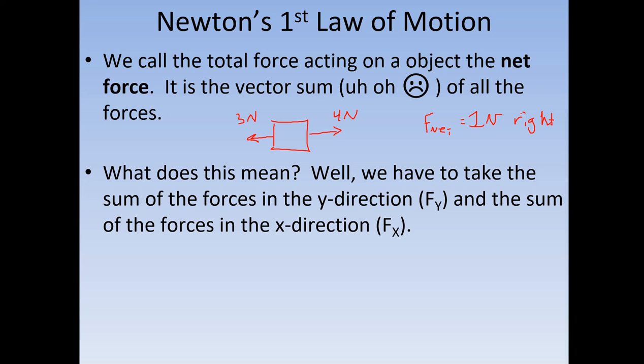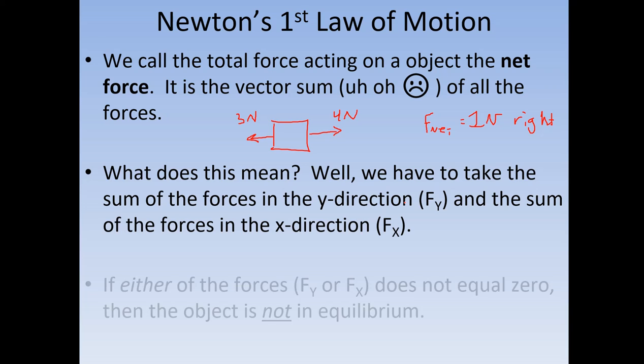Now, you probably won't have this scenario, but for the most part, you want to make sure that you do the sum of the forces in the y direction and the sum of the forces in the x. Just like we did before, you can't really combine a horizontal vector and a vertical vector. You want to look only at the horizontal stuff at first and the vertical stuff next.